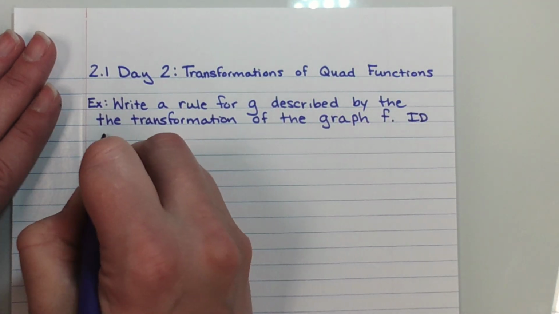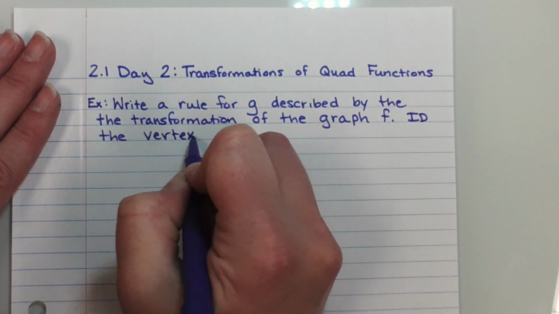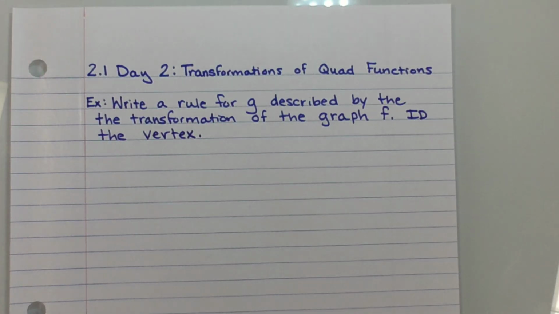And then ID the vertex, or identify the vertex. Essentially what this is telling us to do is write an equation, g of x, that has performed the transformations described on the function I give you, f of x.